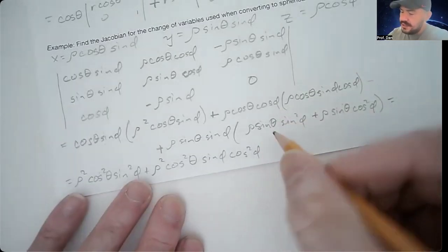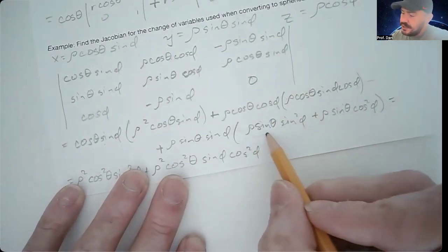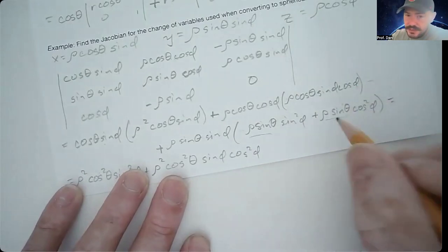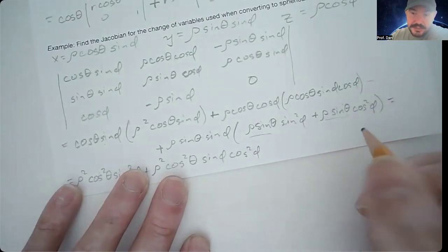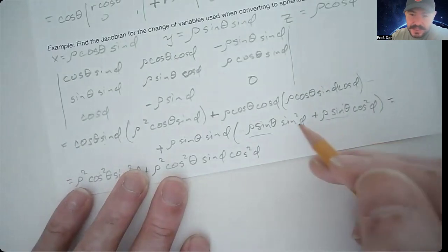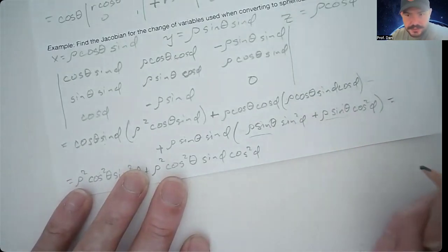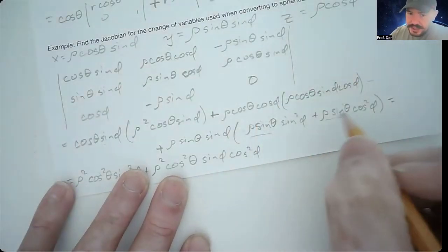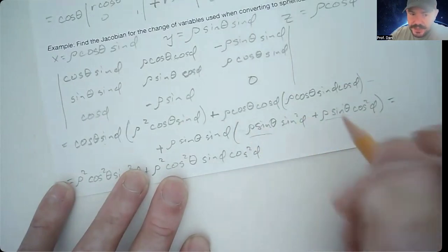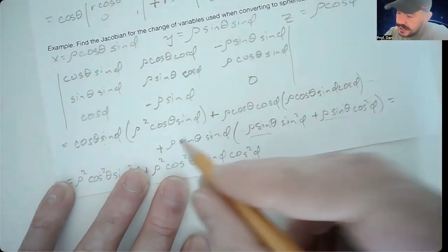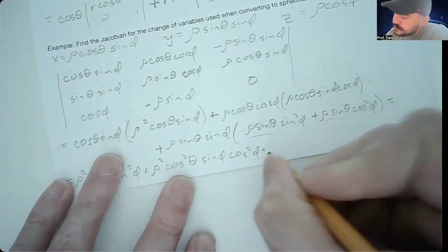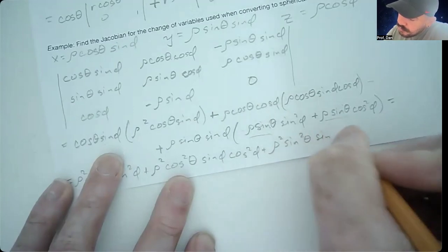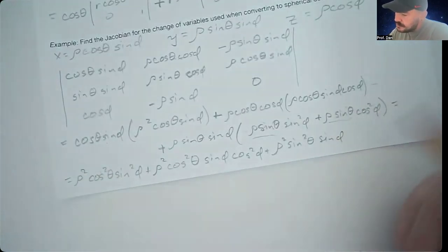If you look at what's in the parentheses here, you can factor out a rho sine theta, leaving behind sine squared phi plus cosine squared phi, which is 1. So this whole thing can just be rewritten as rho sine theta. And when I multiply by this factor, that's what I get.